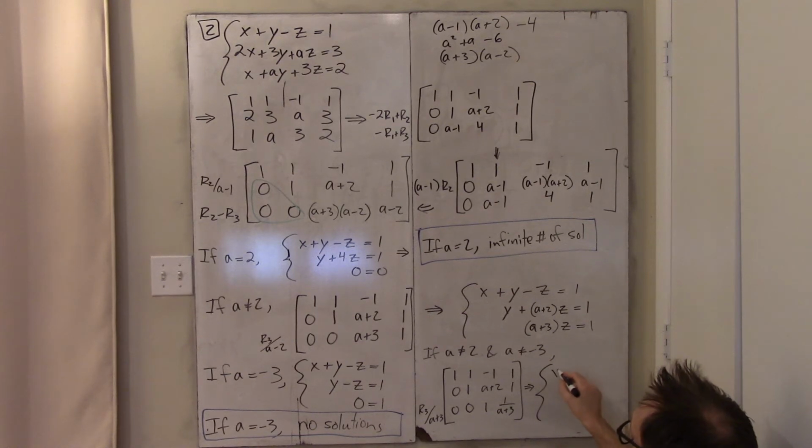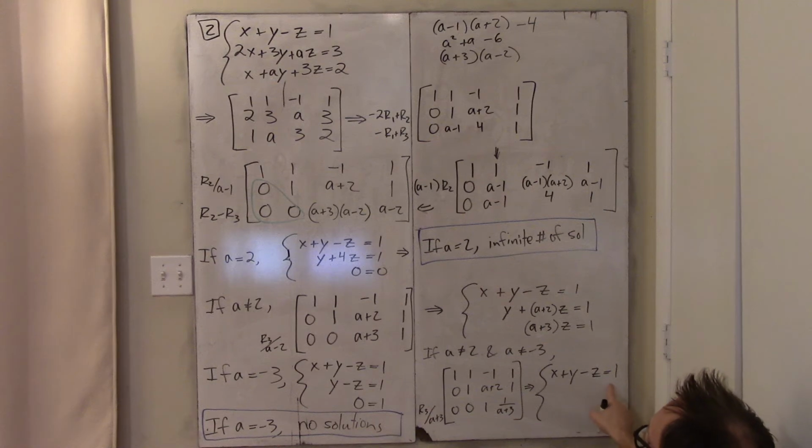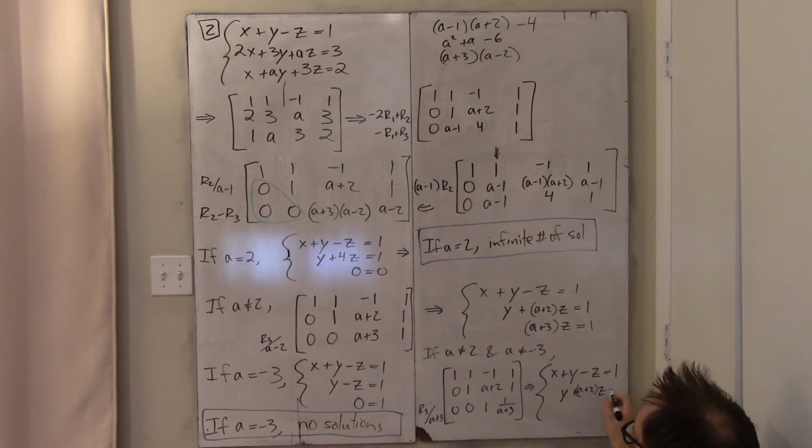But if it helps you, realize that this is saying x plus y minus z equals 1, y plus A plus 2 z. I still don't know what A is, but I think it doesn't matter right now. And down here, this is saying that z is 1 over A plus 3.